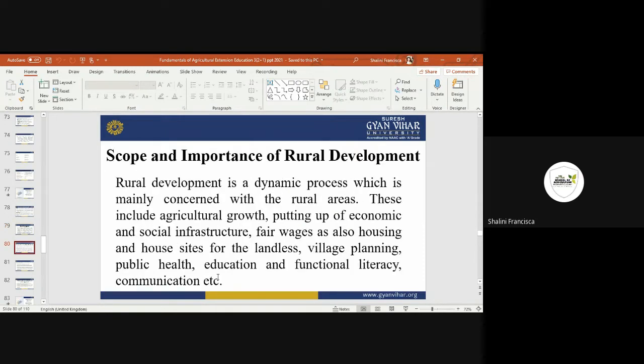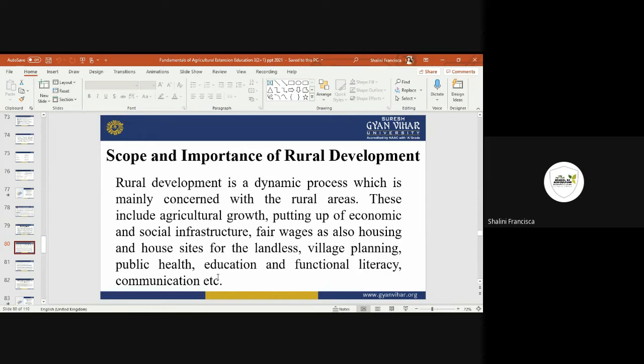Then there are some scope and importance of rural development. So, the first scope of rural development is that it is a dynamic process which is mainly concerned with the rural area, like we have already studied before. These include agricultural growth, putting up of economic and social infrastructures.